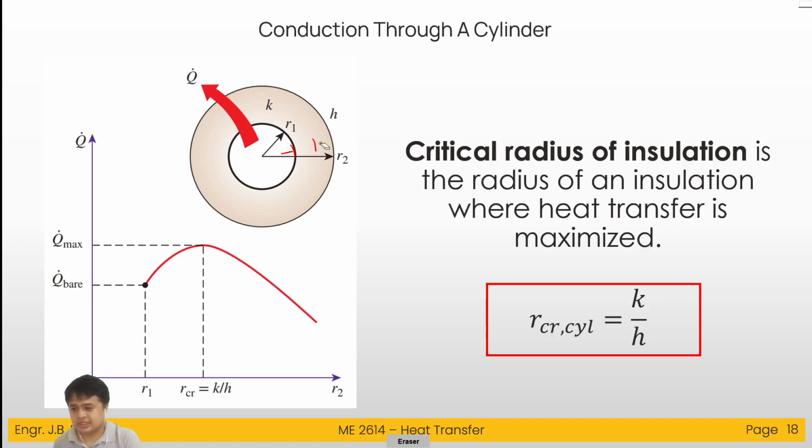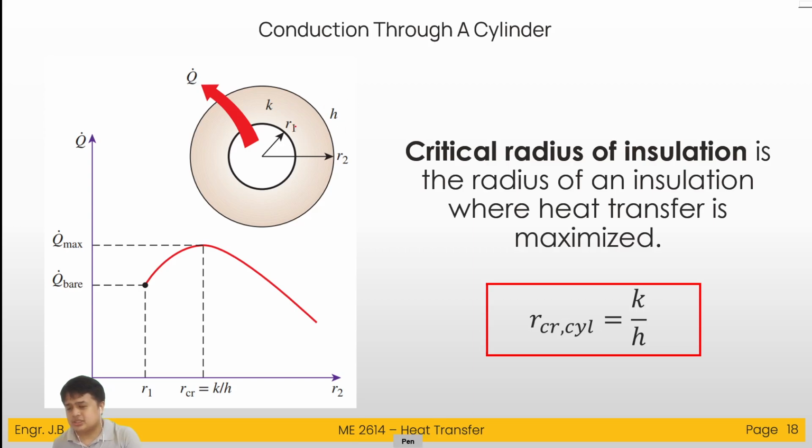If you can imagine, you are increasing the area. This is a three-dimensional cylinder, so if you increase the R, you will get an increased surface area. Therefore, convection will be dominating the heat transfer.